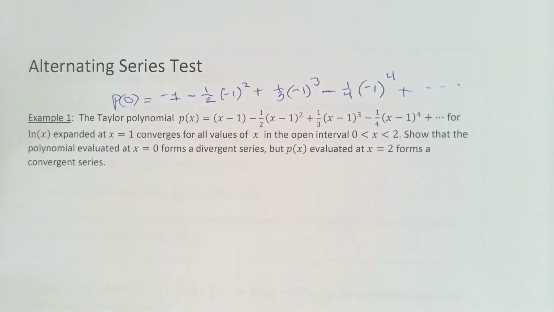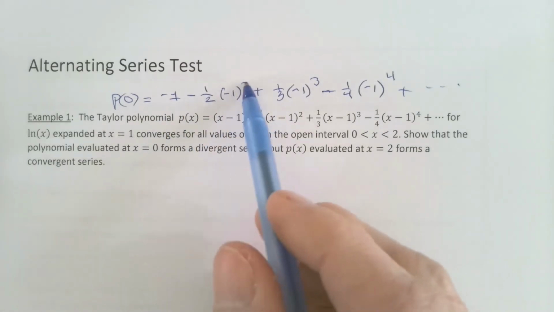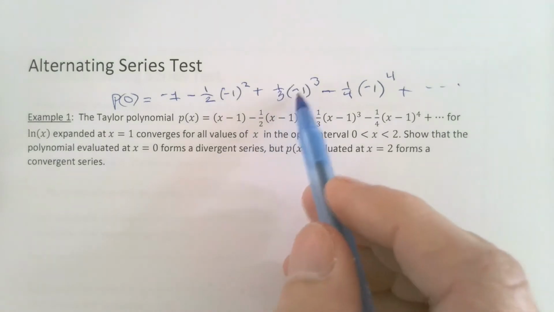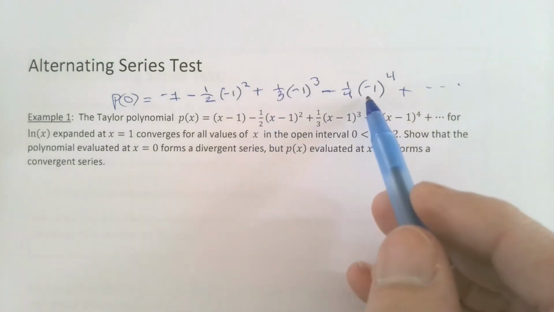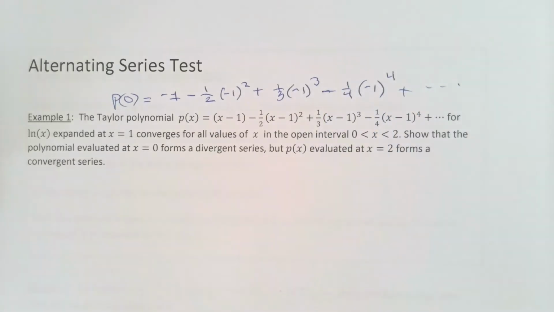Now, it turns out that every single one of these terms will have a negative value. This one we don't need to explain, but here -1 squared is 1 times -1/2, which is negative. Here 1/3 is positive, but -1 cubed is negative. Even on this one, the 4th power of -1 is positive, but multiplied by -1/4, it's negative.